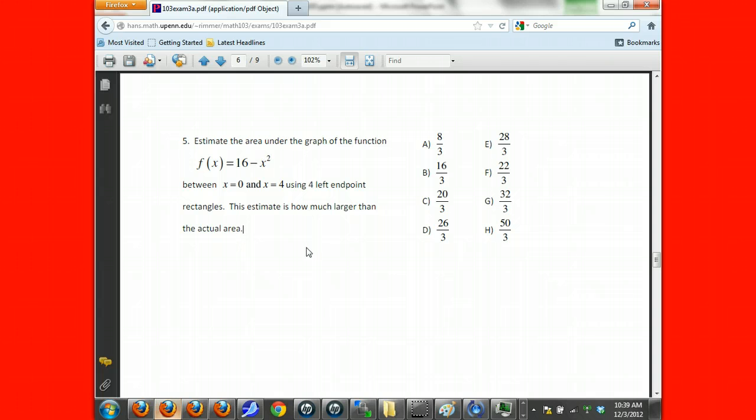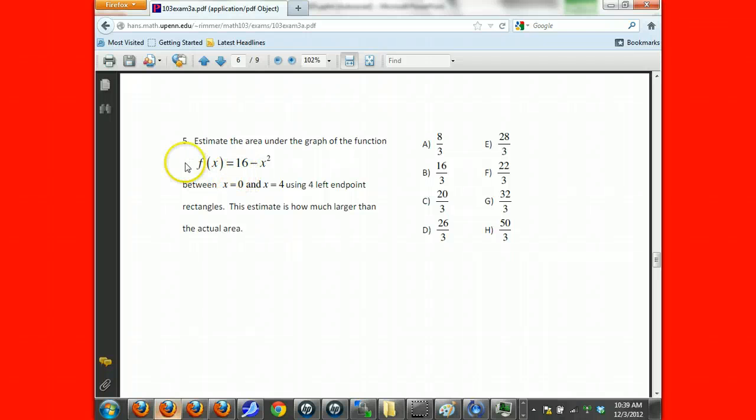Okay, well, if the majority got F, it could be a mistake on my part. The actual area, what did you get for that? 42 and 2/3. And the approximation? I got 150 over 3. Yeah, it's 50?